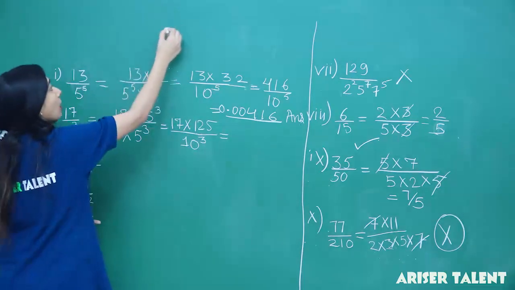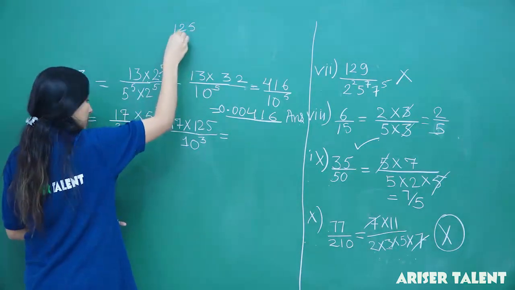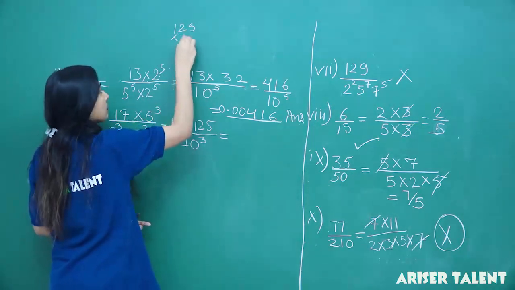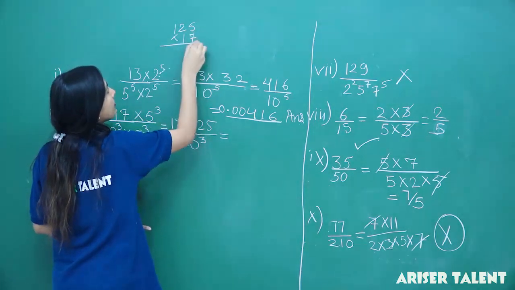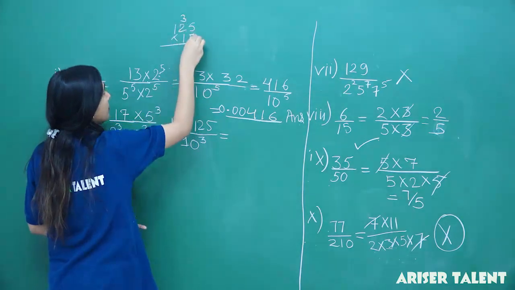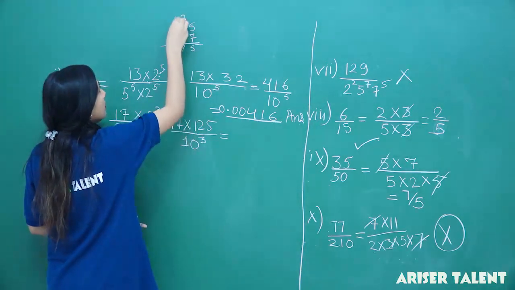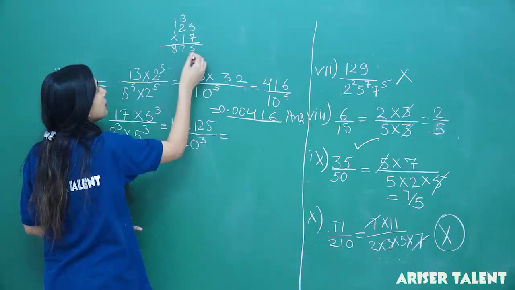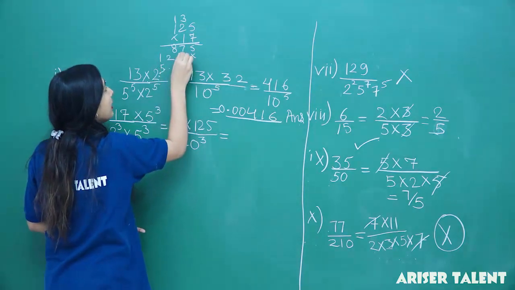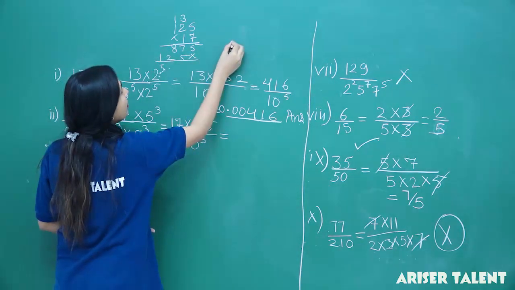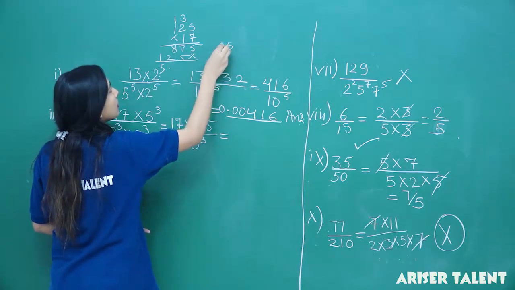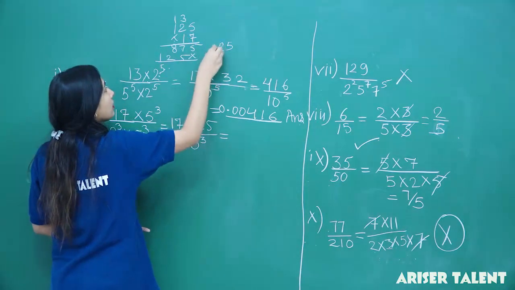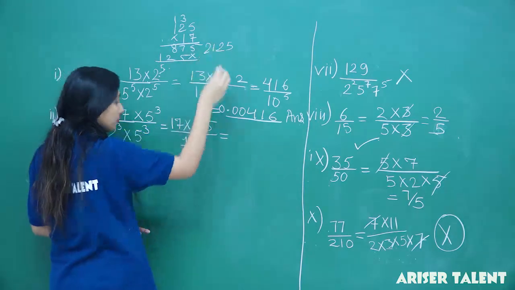Okay. Now multiply 125 by 17. You will have 5, 12, 1, 2.